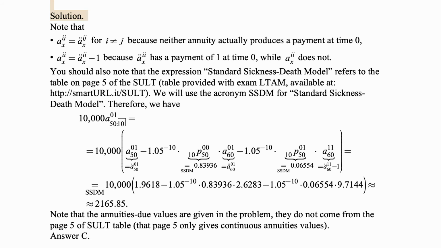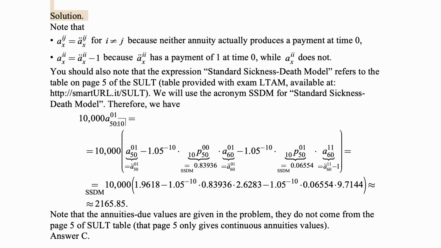That's given in the table as SSDM, and it's 0.83936, times a_60^{01}, which is equal to ä_60^{01}, minus 1.05^{-10} times 10p_50^{01}. That's in the table. That's 0.06554. Times a_60^{11}, which is ä_60^{11} minus 1.